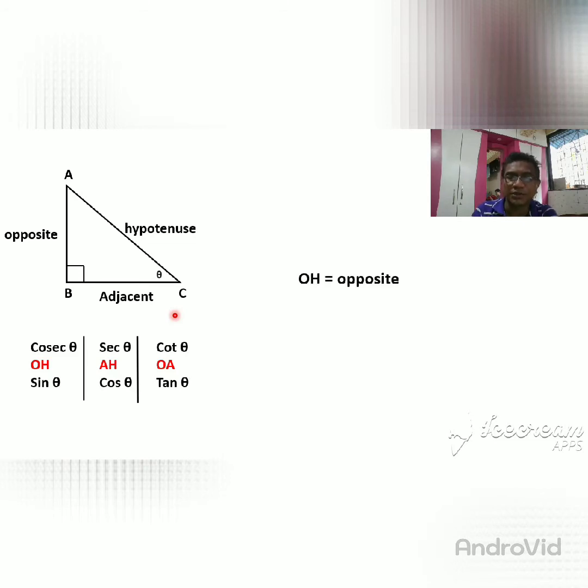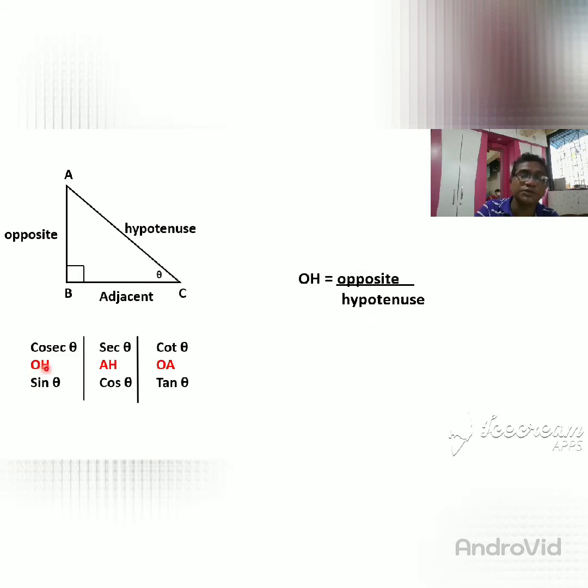In such a way, it is very simple to remember OH, HA, OA, and we can know sin, cos, tan, cot, sec and cosec. So here we write OH. O means opposite, so here it is written: opposite divided by H, hypotenuse. So opposite divided by hypotenuse.